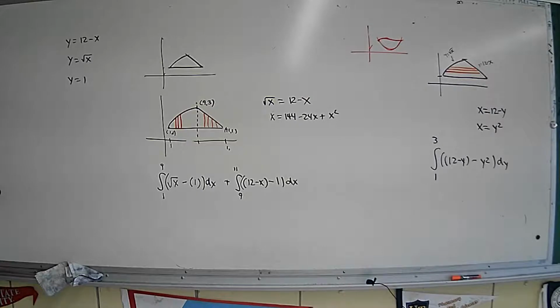I set it up, and there were two unshaded areas, so I knew I was going to add them together. But I thought maybe I had the wrong bound, because I kept getting a negative number for my answer, and I know we're not supposed to get a negative number.